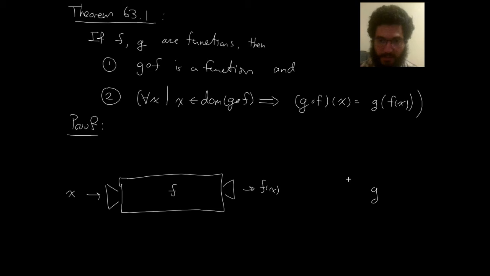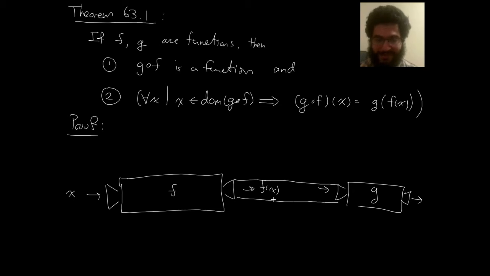And if you think of g like a machine that you can input things into, and then g of those things comes out, then the composition is basically what you would get when you mush these two machines together and connect a pipe here, the outputs of f to the inputs of g.